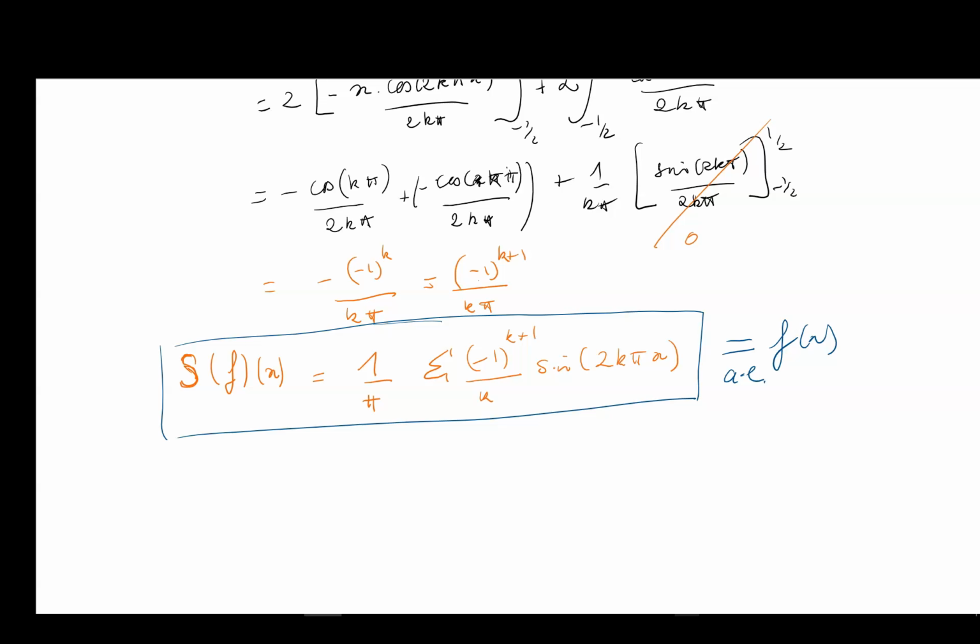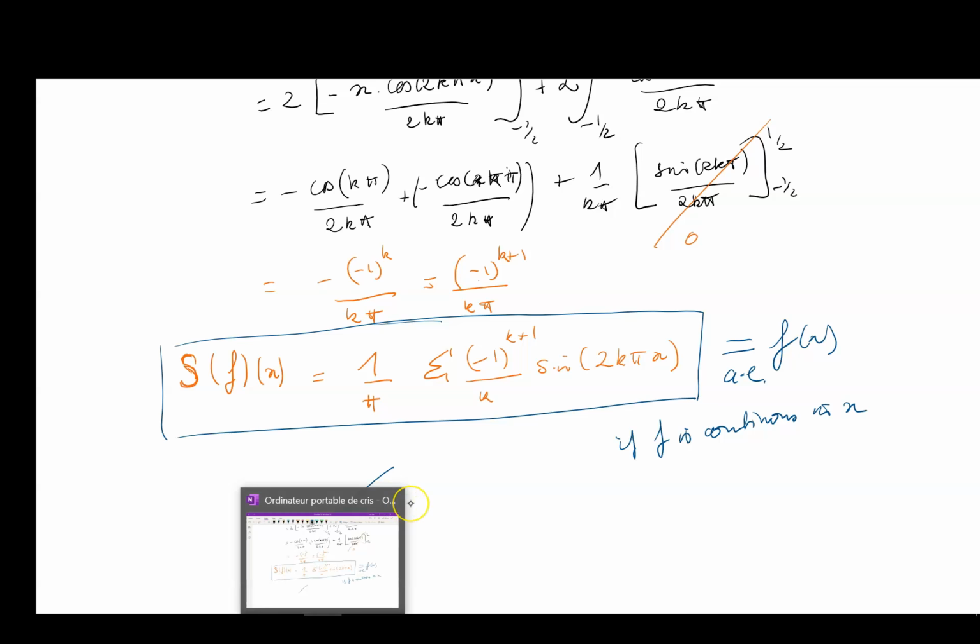More precisely, it is equal to f of x if f is continuous in x, and to, well, the mean value. And what was the mean value? You remember my function looks like that.